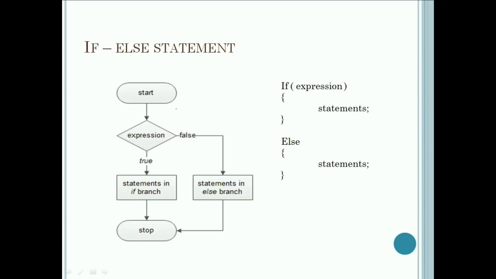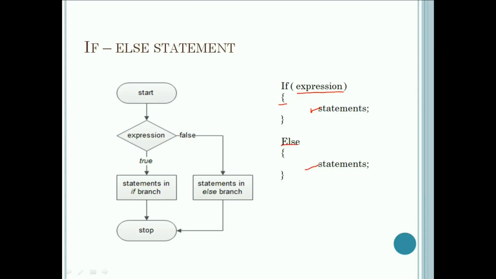In if else, as you can see from the flowchart, we start our program. There is an expression, and if the expression is true, then the statement in the if branch will be executed, and if the expression is false, then the statement in the else branch will be executed. The syntax is if, then parentheses, then the expression, then curly braces, then a statement, and then the else statement.